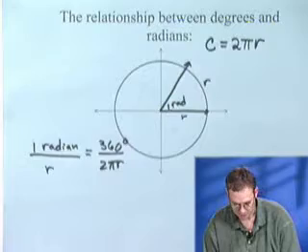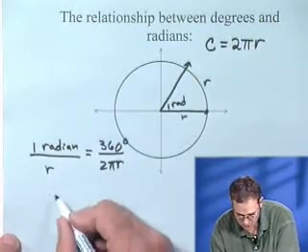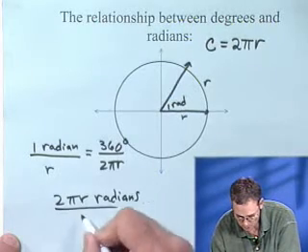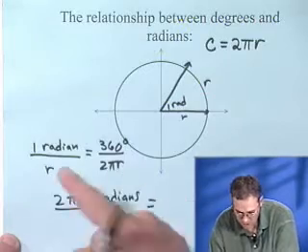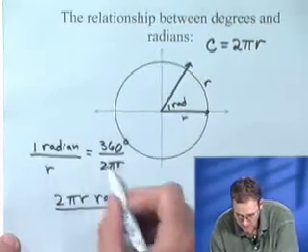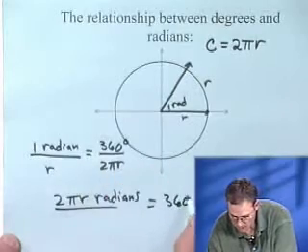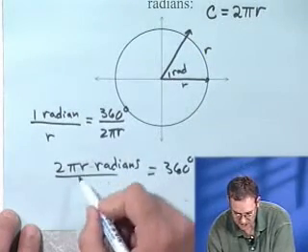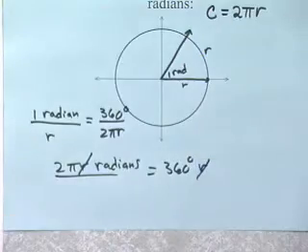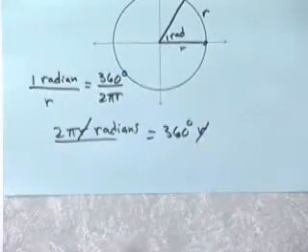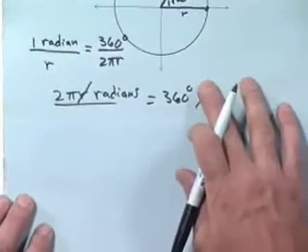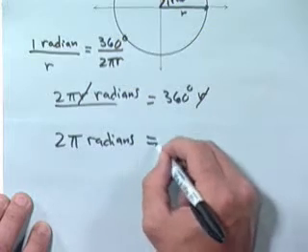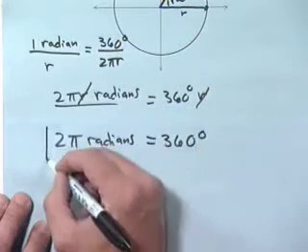And now I'll do a little cross multiplication, little algebra. 2 pi r radians equals 360 degrees times r. Notice my r's cancel. I can divide both sides by r. And I'm left with 2 pi radians is the same thing as 360 degrees.